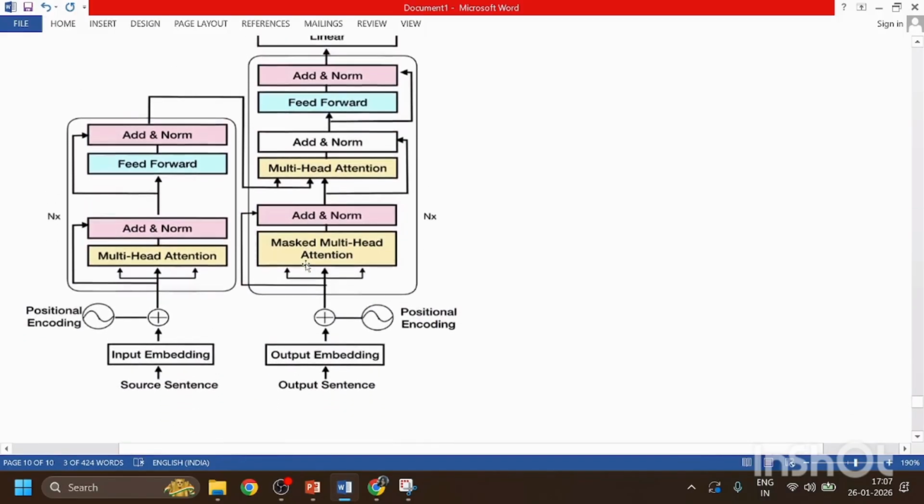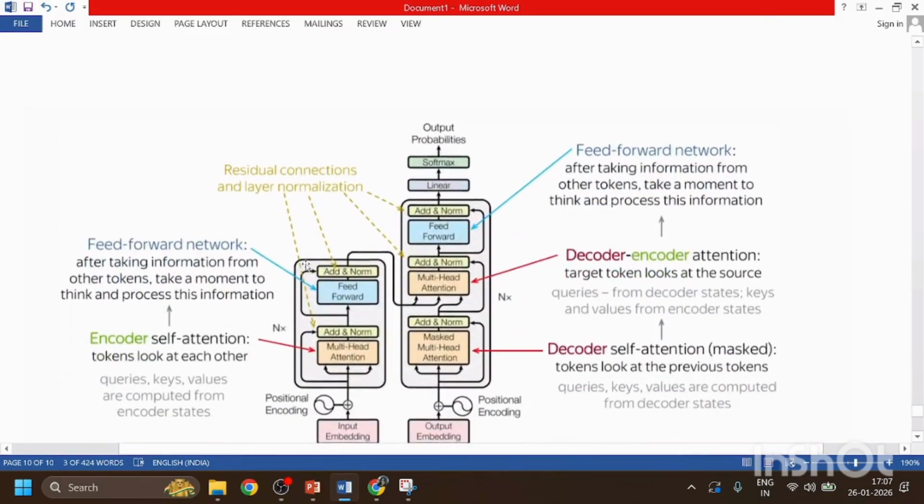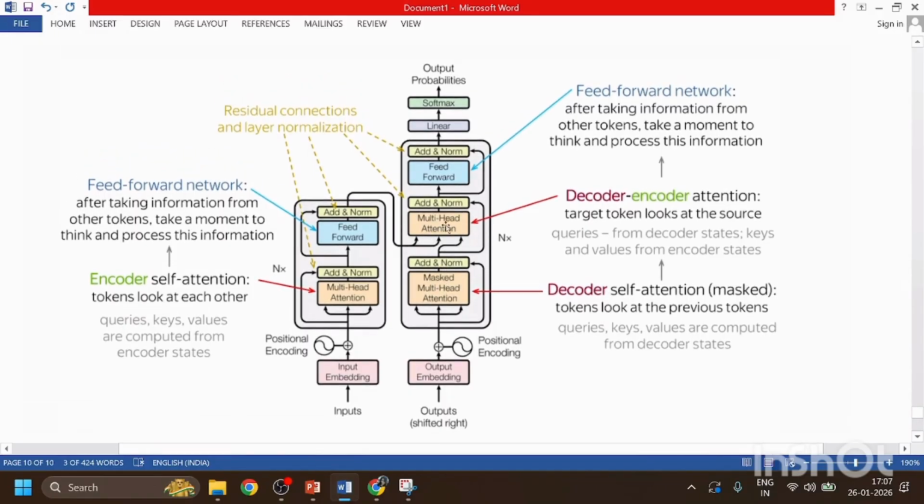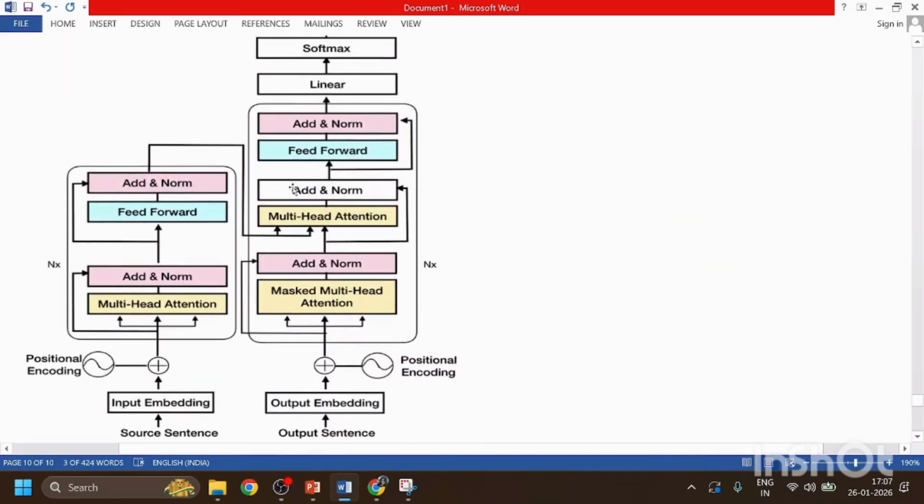I'm going to show you another diagram. This is the encoder attention because it is the encoder, and this is the decoder self-attention. And here you can see the decoder-encoder attention. Because the encoder is connected here and the decoder is also connected here, this is called the encoder-decoder attention.